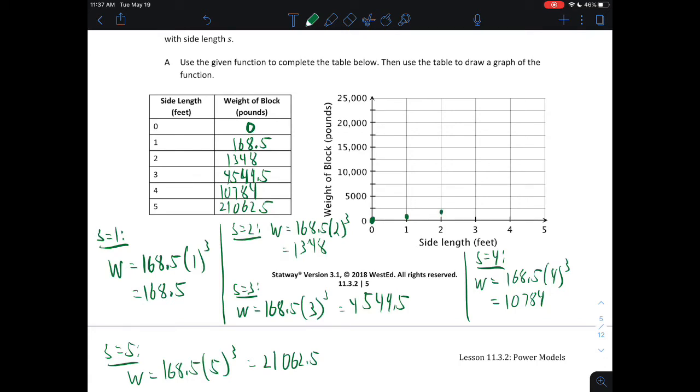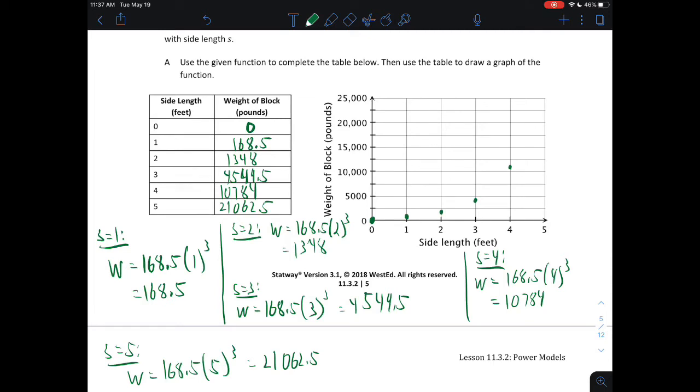We don't really see a big jump until 3. And now with 3 feet in side length, the weight is 4,549.5 pounds. That's just below 5,000. When side length is 4 feet, the weight was 10,784. That's above 10,000. You can start to see that things are jumping pretty quickly now.